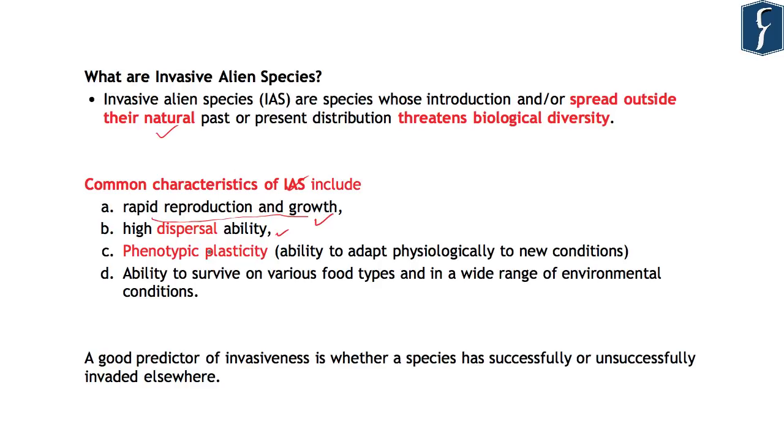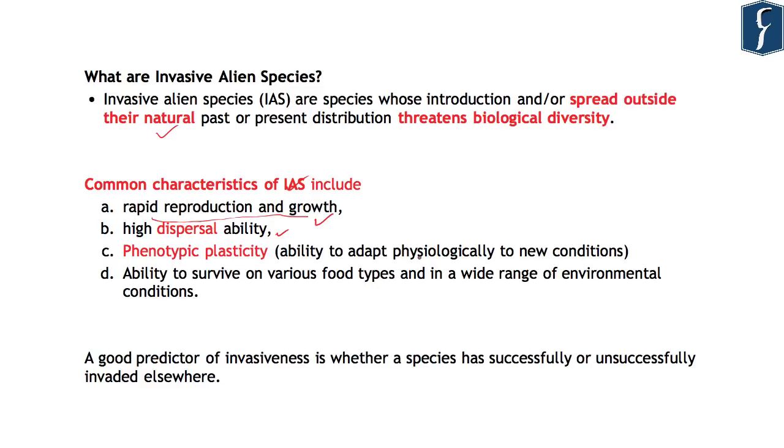Now, the third and most important characteristic is phenotypic plasticity, which means the ability of these organisms to adapt physiologically to new conditions. Now, in simple terms, it refers to changes in an organism's behavior, morphology, and physiology in response to a unique environment. So, when an organism moves out of its natural distribution, obviously the surrounding environmental conditions also change, and hence the change in morphology and behavior becomes inevitable to adapt to certain conditions.